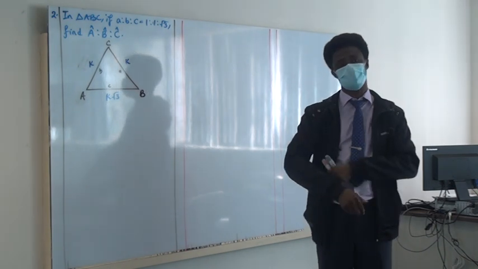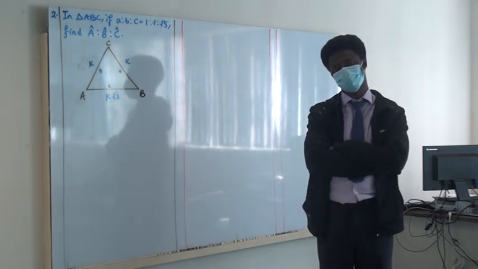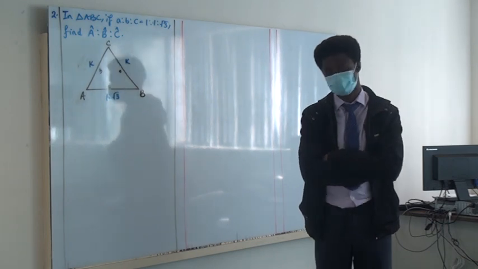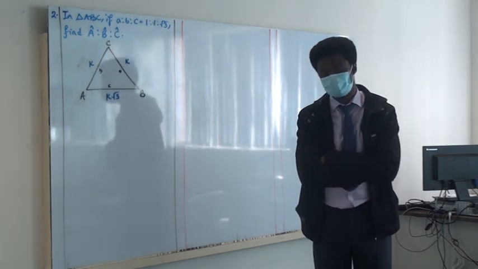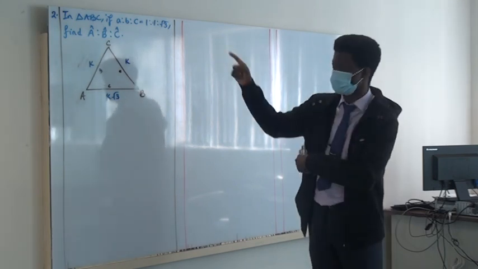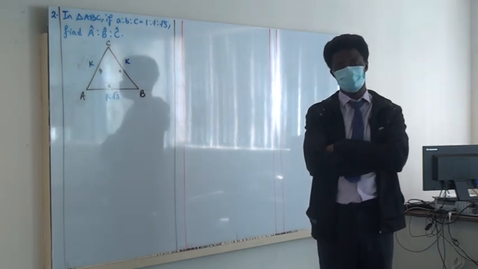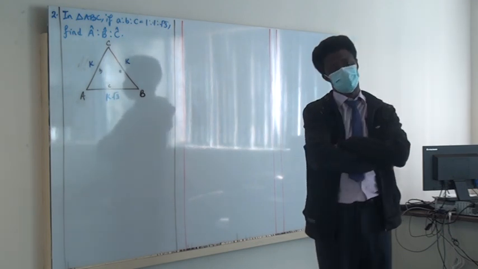Anika, do you understand why it is k root 3? Can you tell me why? The ratio is 1 root 3. I'm asking you, why did I label k root 3?